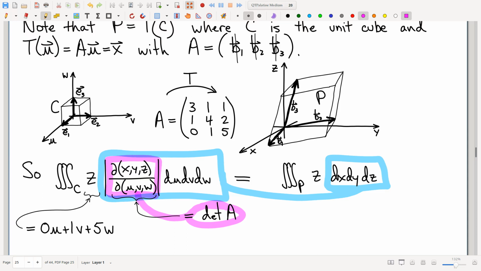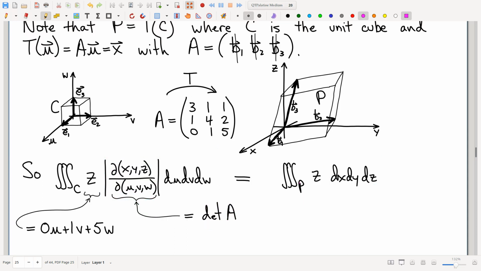The one last little twist is don't forget where your output coordinates come from. So in particular, what is z? This z right there, how do I compute z? Well, it's the third output coordinate.